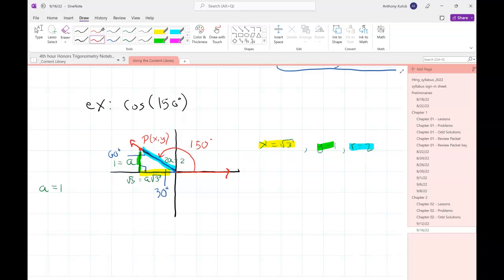Okay. So sine theta is y over r. Cosine theta is x over r. Tangent theta is y over x, but we should rationalize that.